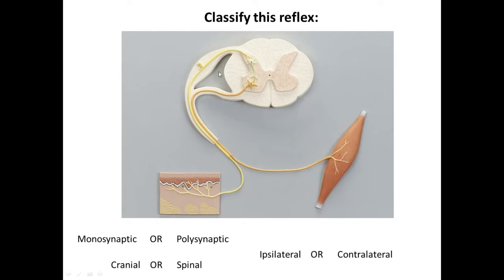If I only have involvement on one side of the spinal cord, that's an ipsilateral reflex. If we were looking at that other one, where we also had motor information going out the other side, then we would have a contralateral reflex. But this one, we only send information in and out on the same side. That makes it an ipsilateral reflex.